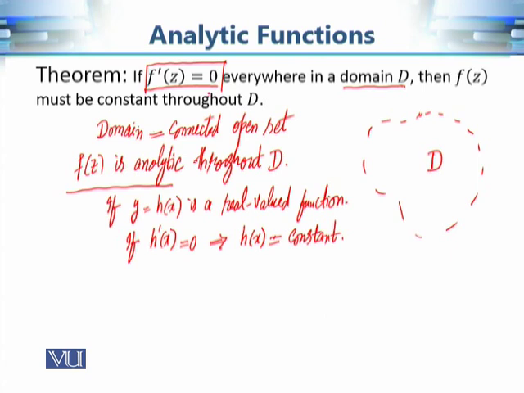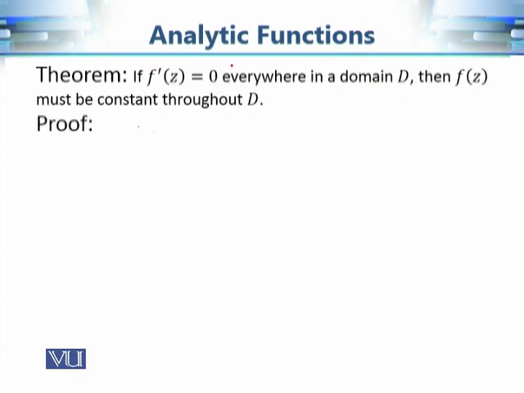But in the complex valued case, it's relatively non-trivial compared to the real valued case to prove that if the derivative is 0, then the function must be constant. Okay. Now, let's see how to prove this fact.